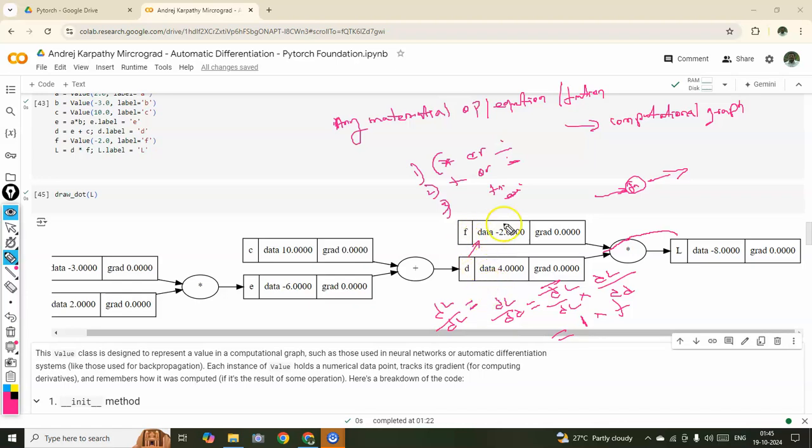If the value of the other node is very high, and you change d, automatically the effect on the last function is very high. This way we can judge. So if the operator is multiplication, the gradient will be multiplied.